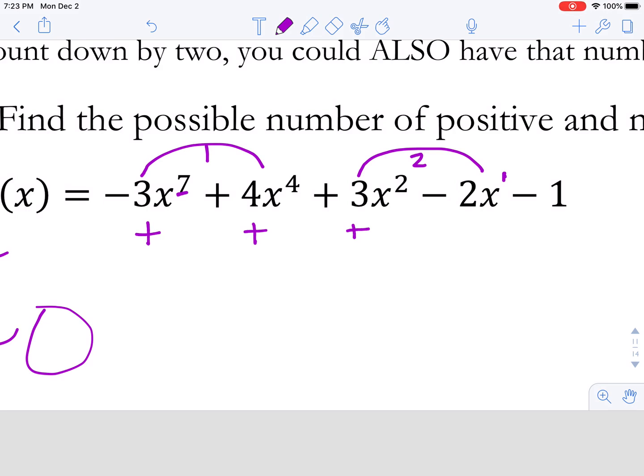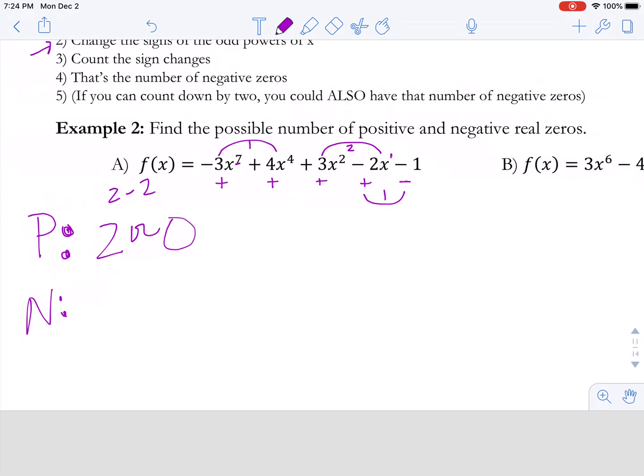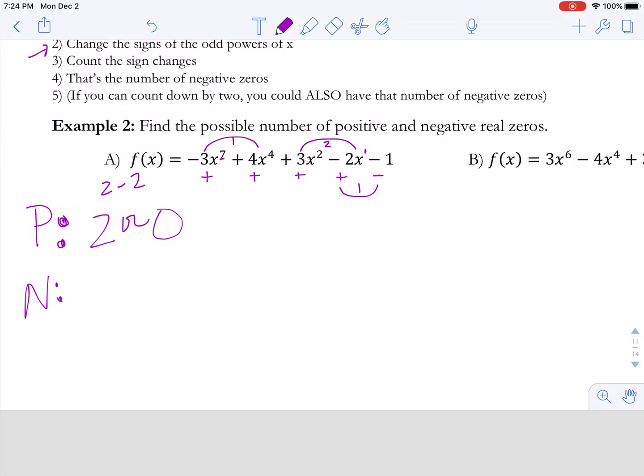So I'm going to change it from a negative to a positive. And then here, this is just negative. So I need to look now at the sign changes. Well, I only have one sign change. So that means for the negative real zeros, I only have one possible.